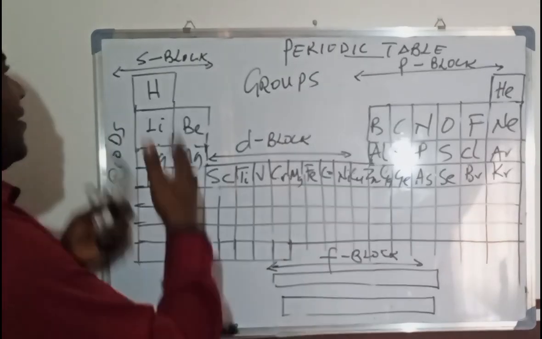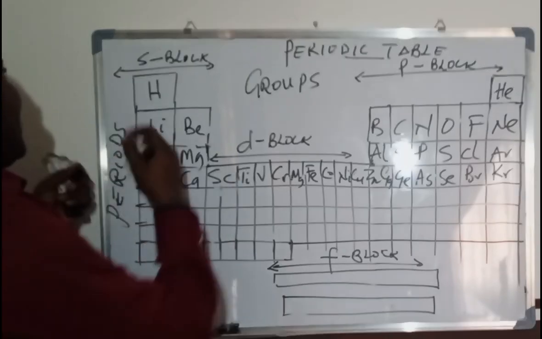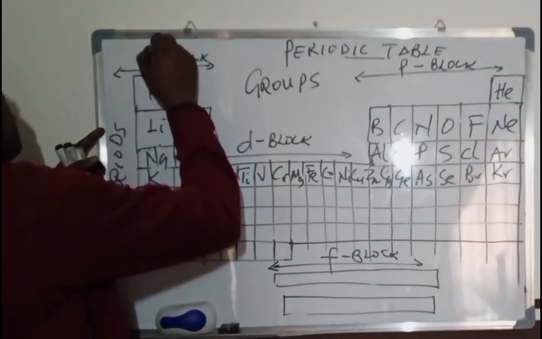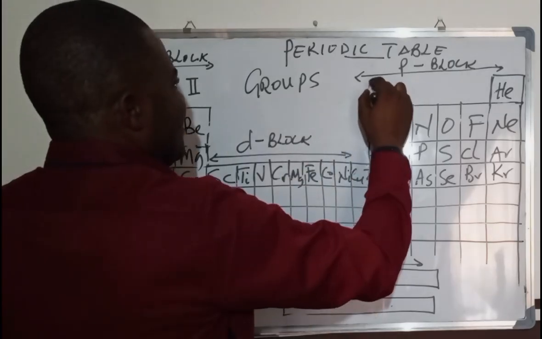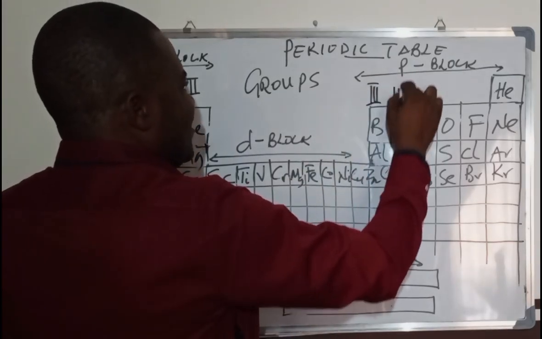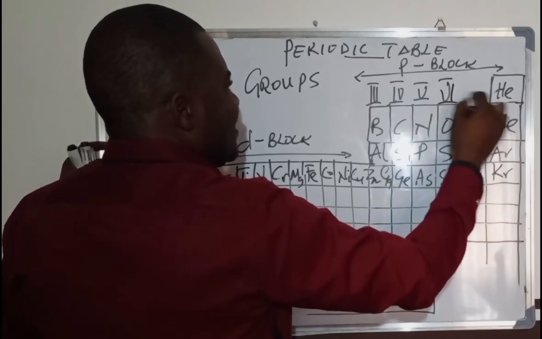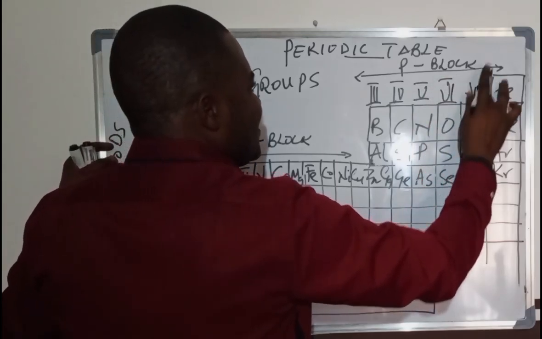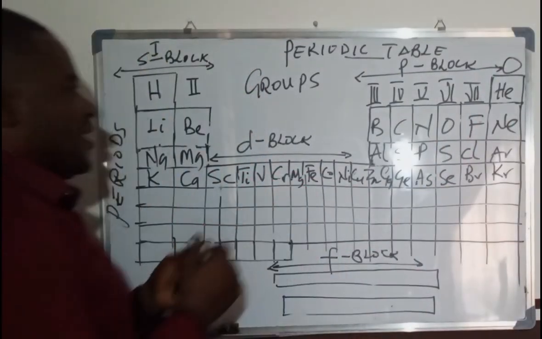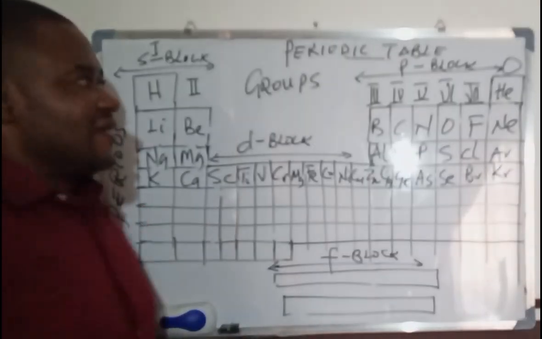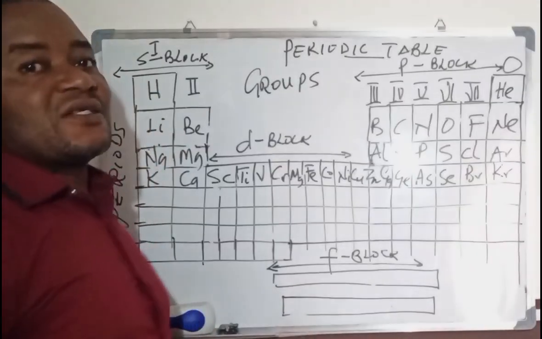Now we have about 8 groups in the periodic table, and this is group 1, this is group 2, this is group 3, this is group 4, this is group 5, this is group 6, and this is group 7. This would have been group 8, but we call it 0. And this is because these are noble gases. They take the noble gas configuration.